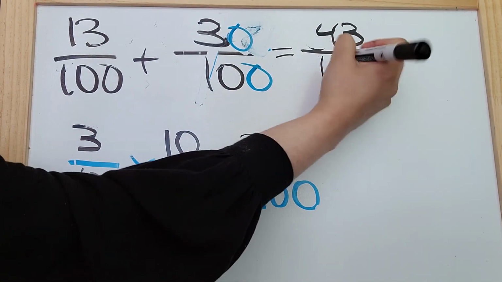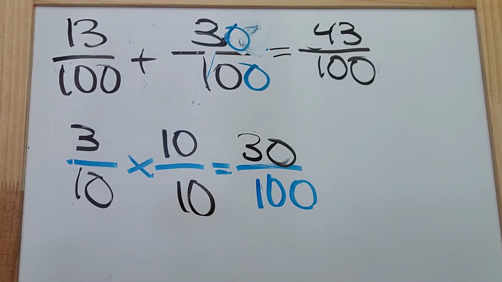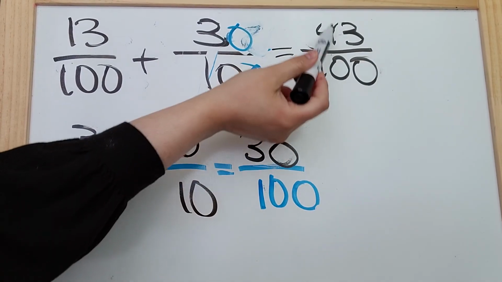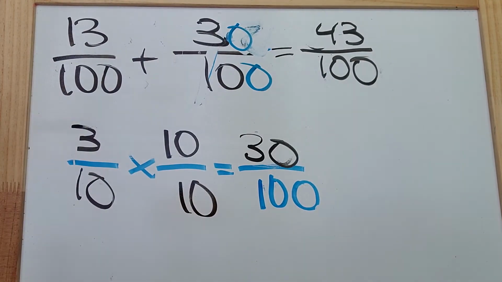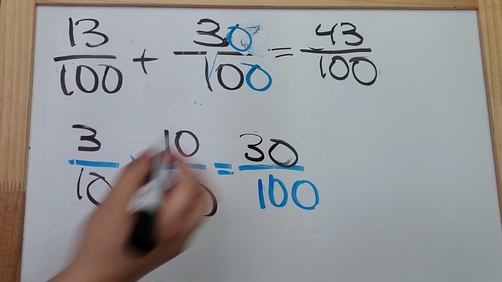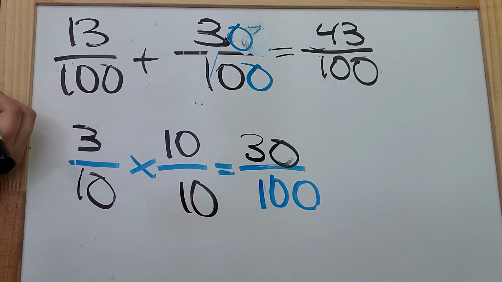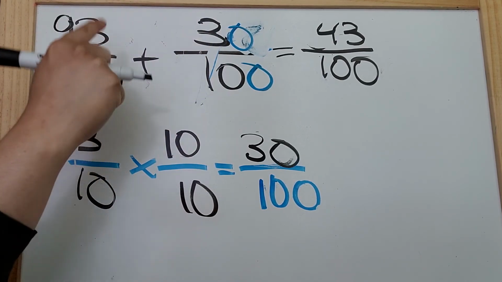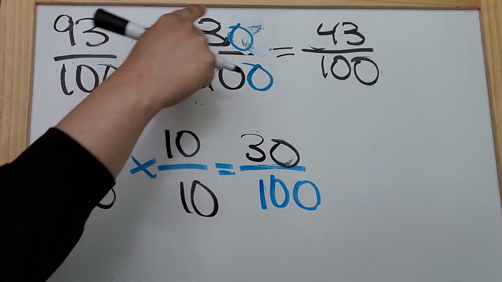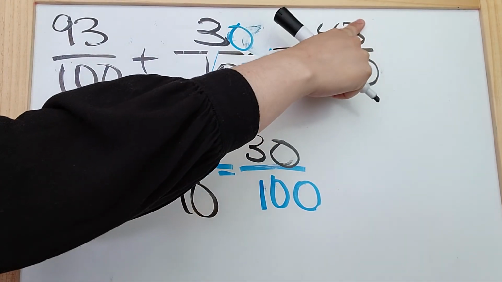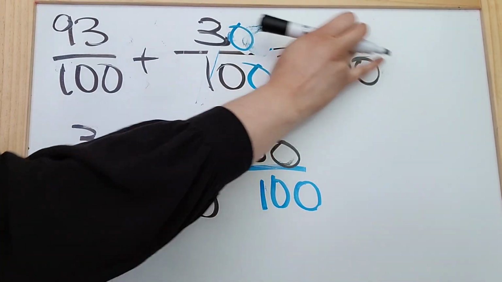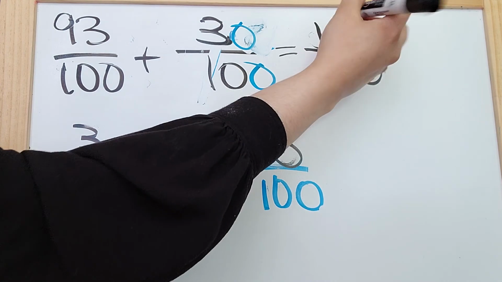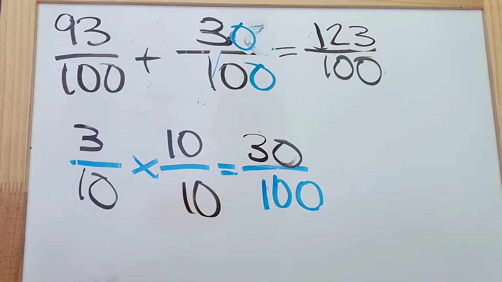Now, what happens when you get a number that is bigger than 100? Then you have a whole. Let's say I had added 93 hundredths plus 30 hundredths, then this converts to 123 hundredths.